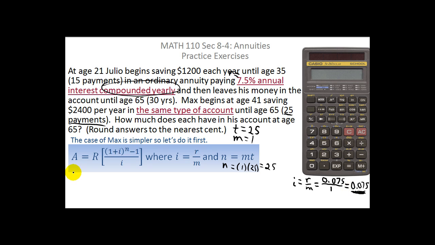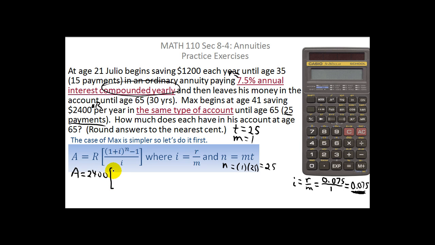So now we should be able to calculate this fairly easily. I know that I'm looking for the amount in the account, so that would be capital A. I know that Max is paying in $2,400 per year, so that's capital R, 2,400.